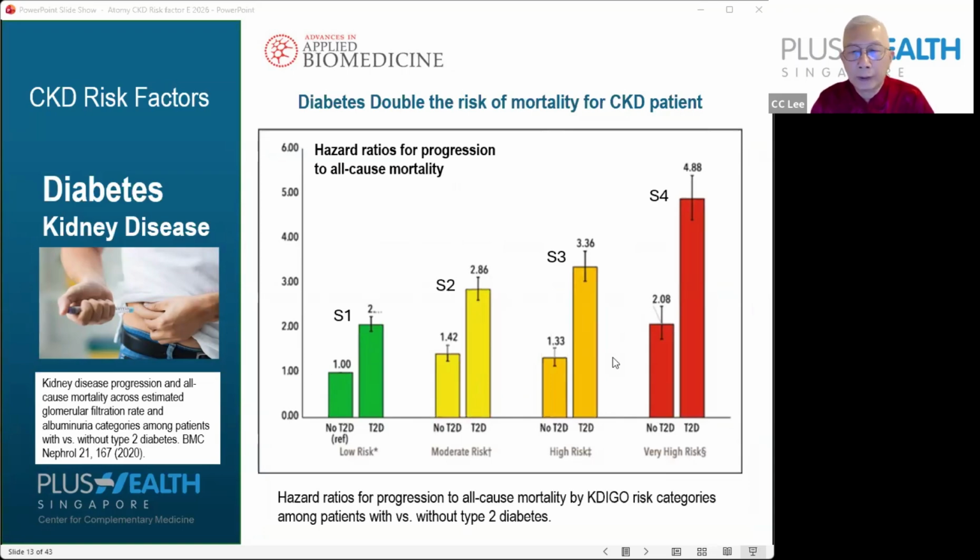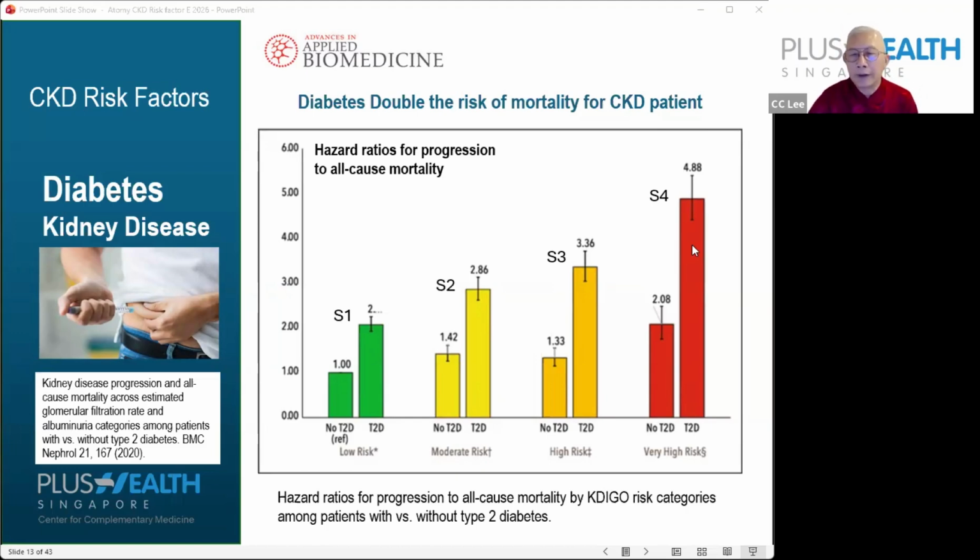You can see from here, regardless of what stage of CKD you are in, stage 1, stage 2, stage 3, or stage 4, comparing a CKD patient with diabetes and a non-diabetic patient, the risk of dying, the risk of all-cause mortality, is more than double.